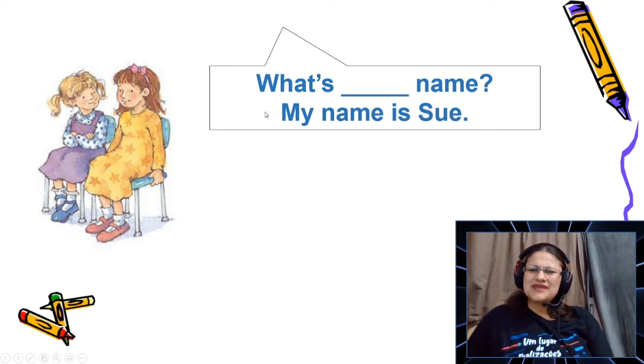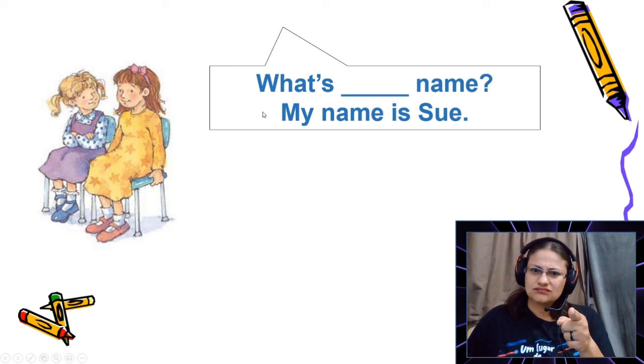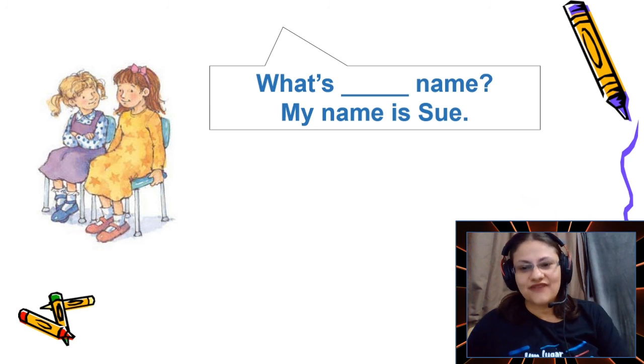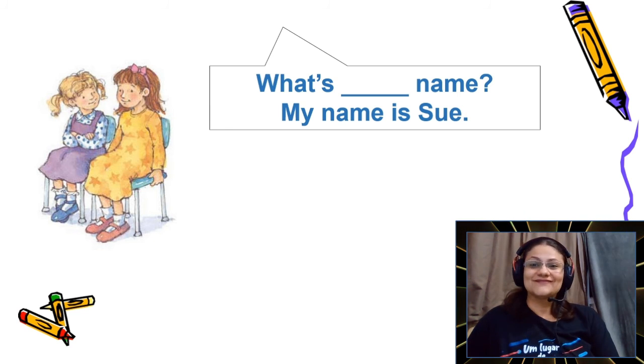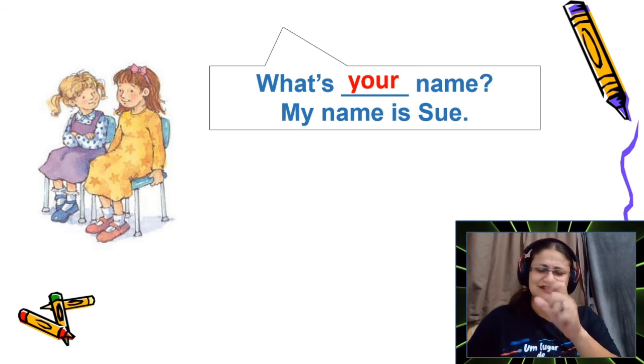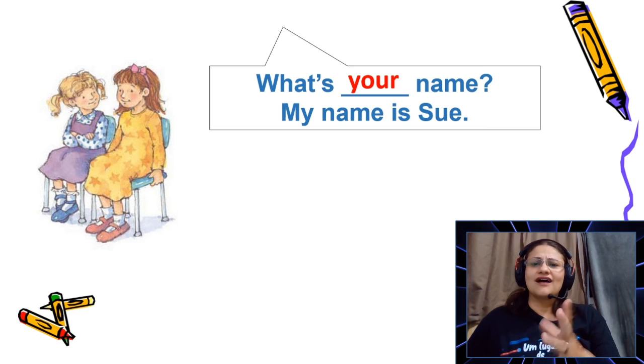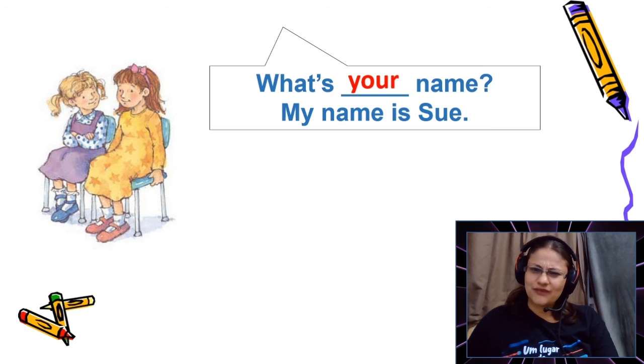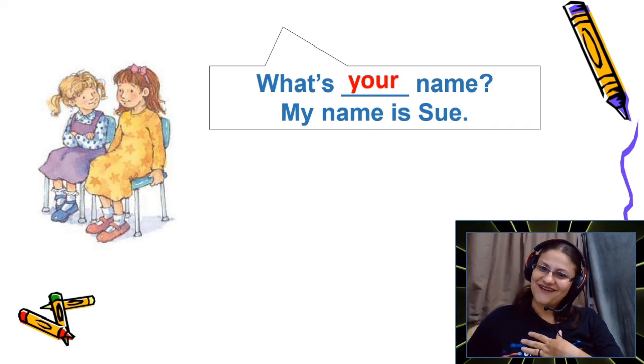So I'm asking you, what's the possessive adjective for you? Your. Yes. What's your name? It's the first question I asked you in our first class. Remember? The first question. What's your name? My name is Sue. My name is Carla.